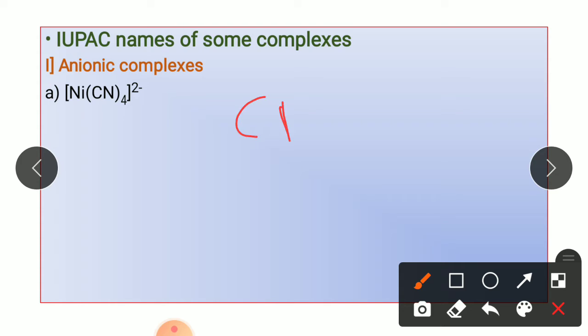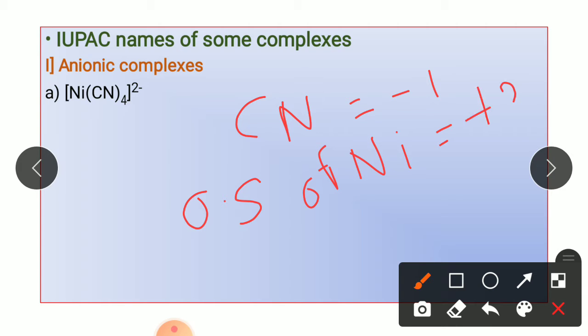Now the first complex we will be taking is an anionic complex. This is the example [Ni(CN)4] having the charge 2-. Each cyanide is carrying one negative charge, so the oxidation state of nickel in this complex is +2.